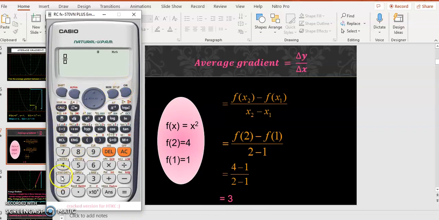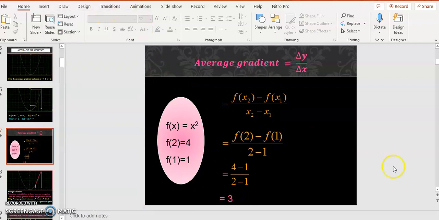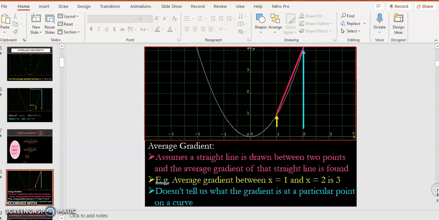We are going to have 4 minus 1 over 2 minus 1, which is going to give us 3. So we have this 3 here. So finding the average gradient is so easy. Okay, now let's move on to the next thing.